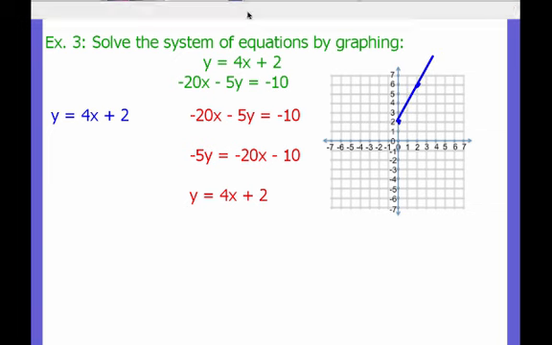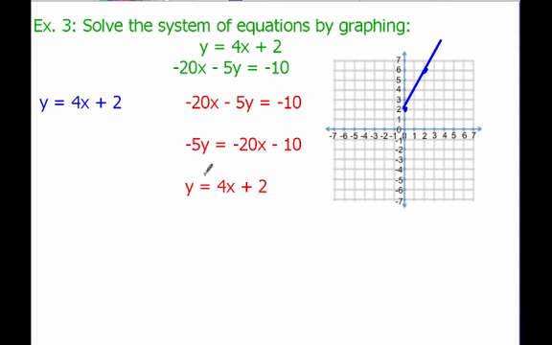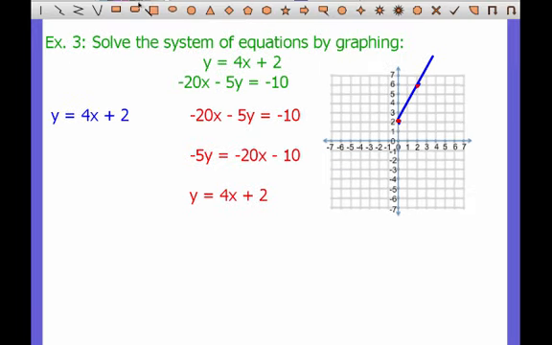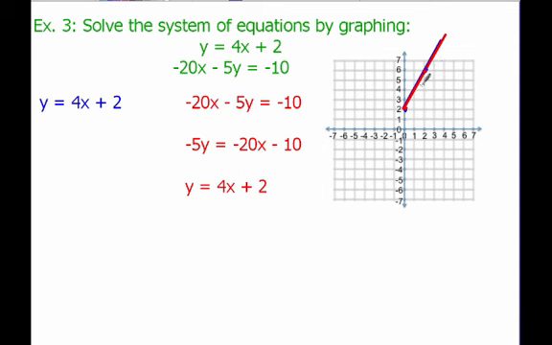And then my second line, well, it's the exact same thing. So my second line is going to look the exact same. It's right on top of the other one.